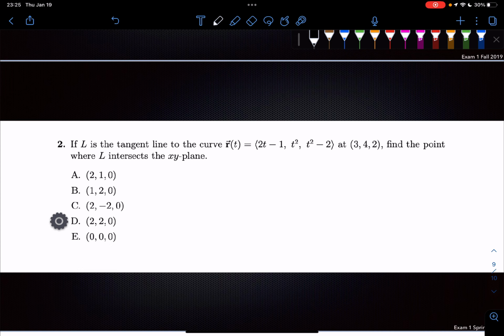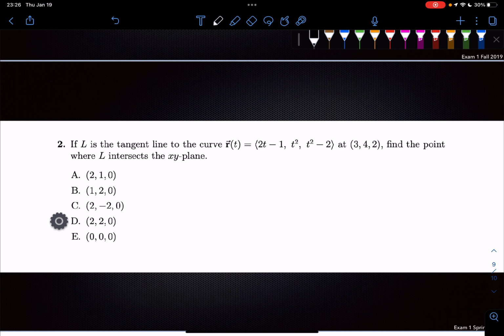So if L is the tangent line to the curve r of t at the point 3, 4, 2, find the point where L intersects with the xy plane. I think we have done this multiple times.